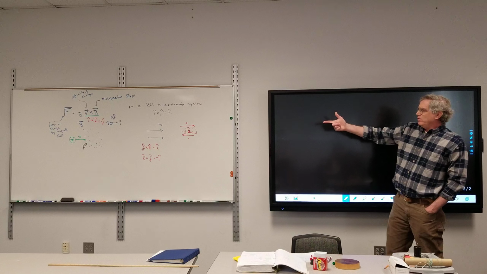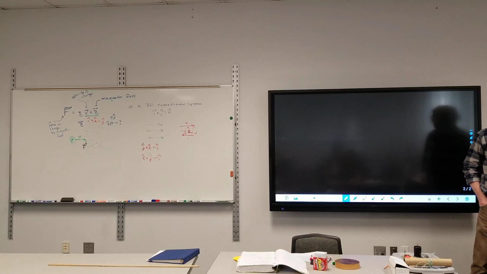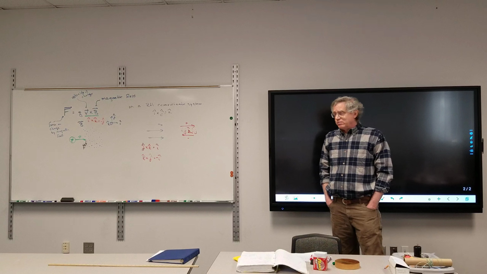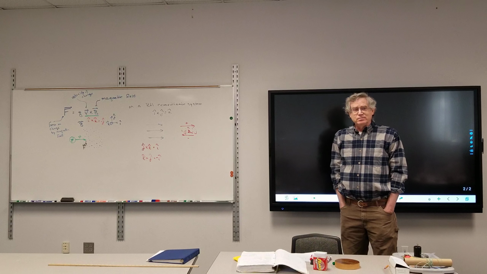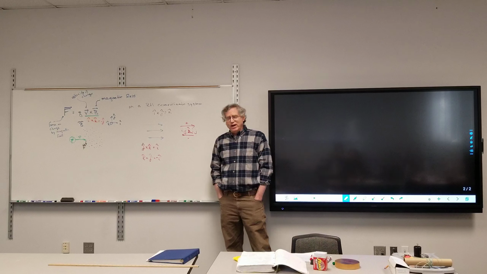So if I have only one force acting on this particle, that's the force from the magnetic field. Since F equals ma, Newton's second law of motion, then the acceleration must be in that direction. So I have an acceleration that is perpendicular to the velocity.